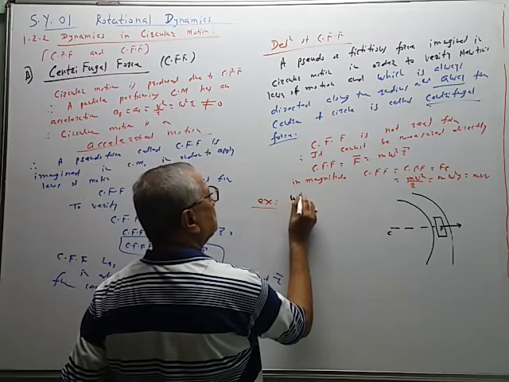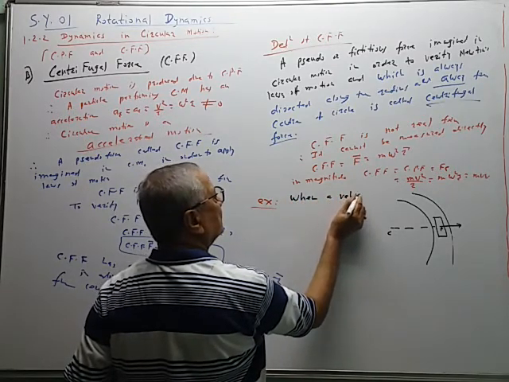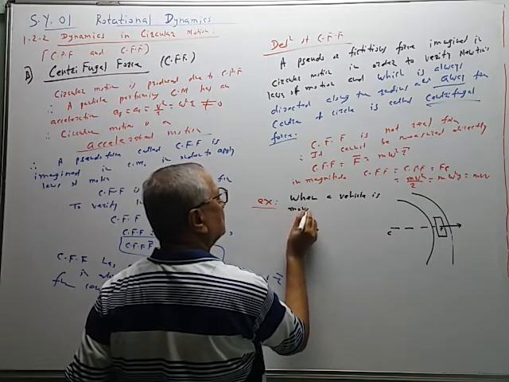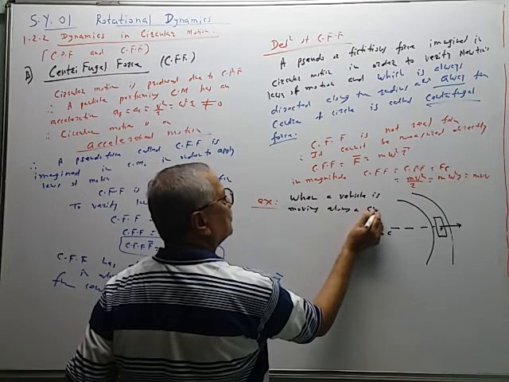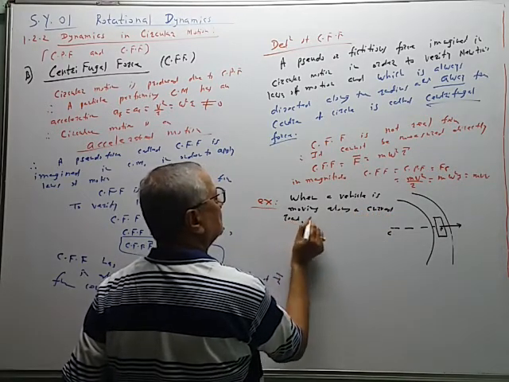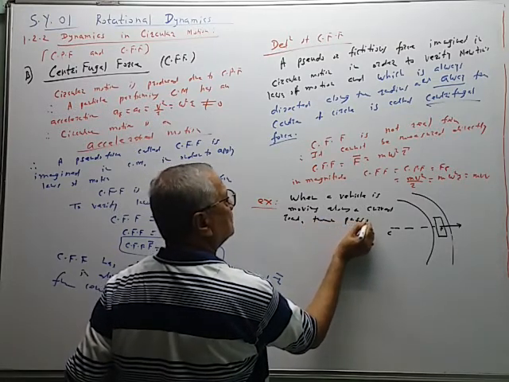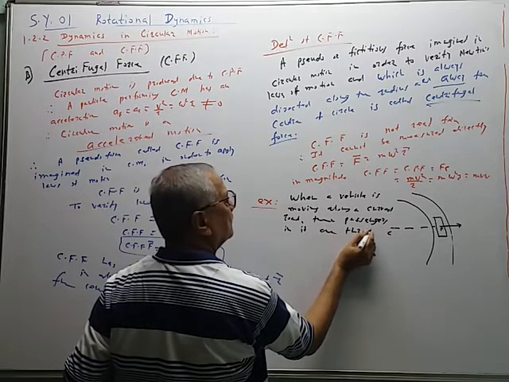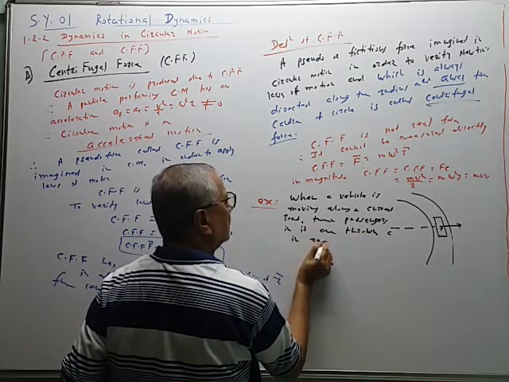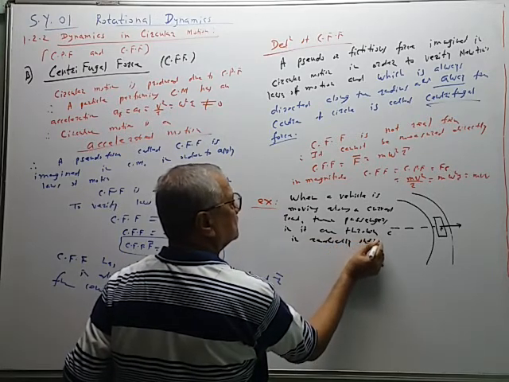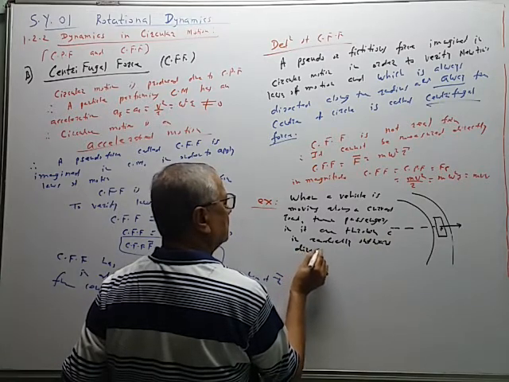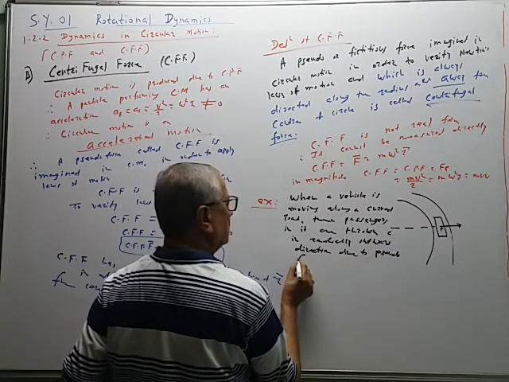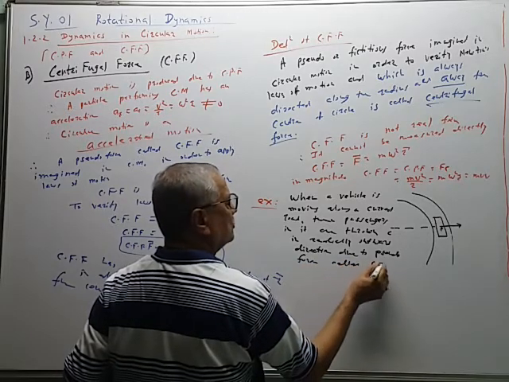So when a vehicle is moving along a curved path, a curved road, the passengers in it are thrown in a radially outward direction due to a pseudo force called centrifugal force.